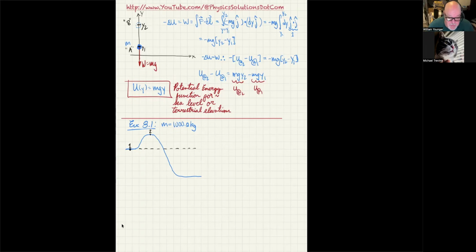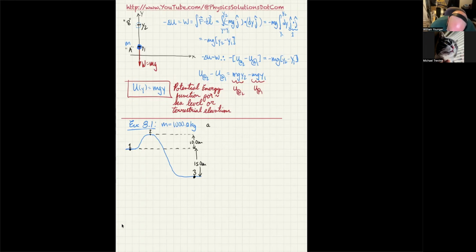And this place down here is point 3. Now, what we need to know is that this height is 15.0 meters from here to here, and then this height from here to here is 10.0 meters.